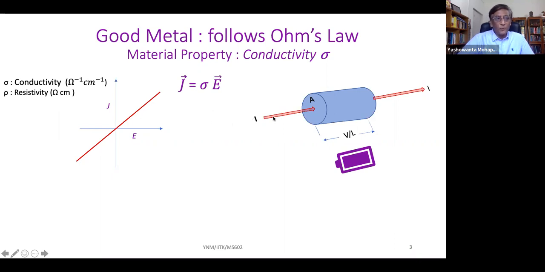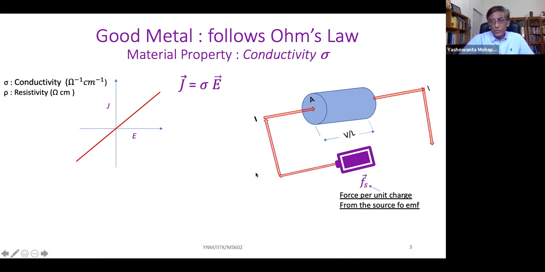Now, how does this current flow? Normally we put a battery, which is nothing but a force per unit charge that pushes a charge into the conductor when I connect it. The electric field is also a force per unit charge, and this F of S is the source of the force which pushes it.